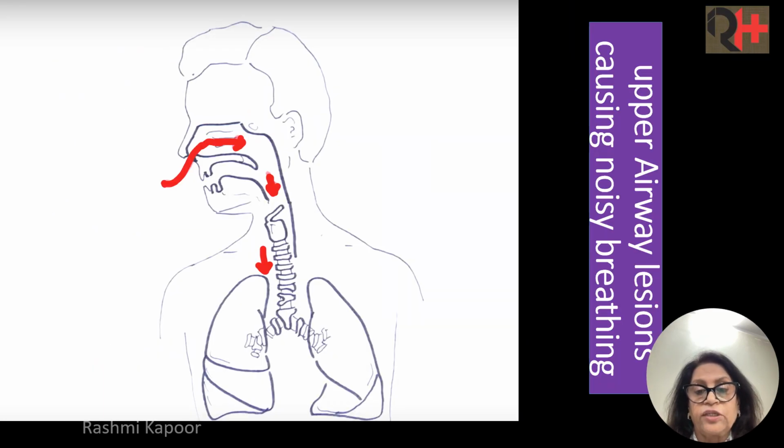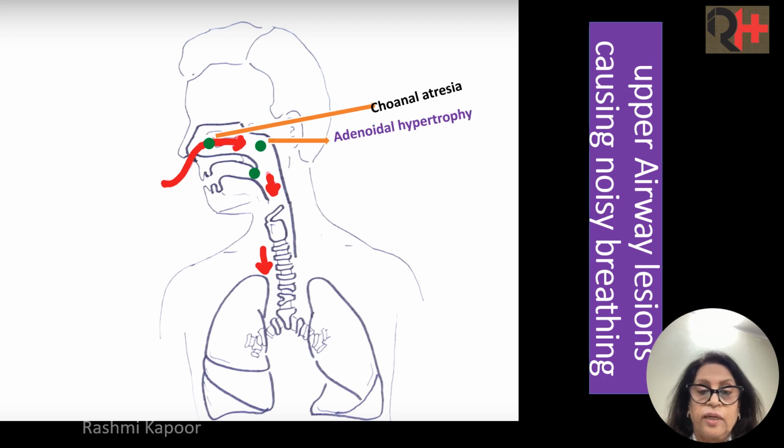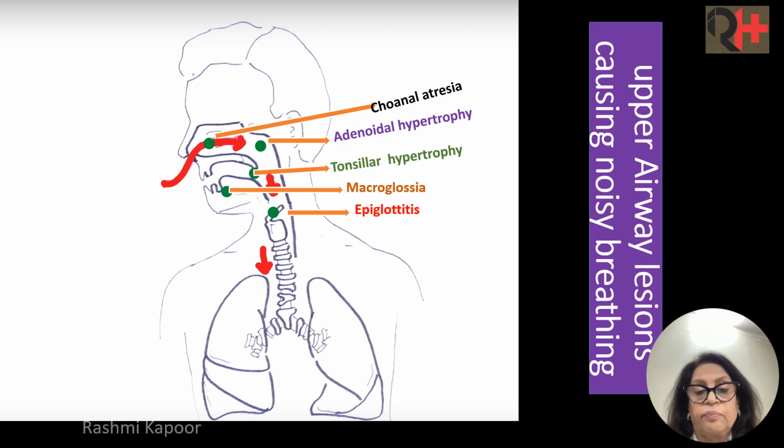So what are the upper airway lesions which cause noisy breathing? There can be unilateral choanal atresia, adenoidal hypertrophy, tonsillar hypertrophy, macroglossia, and epiglottitis, which is the inflammation of the epiglottis.